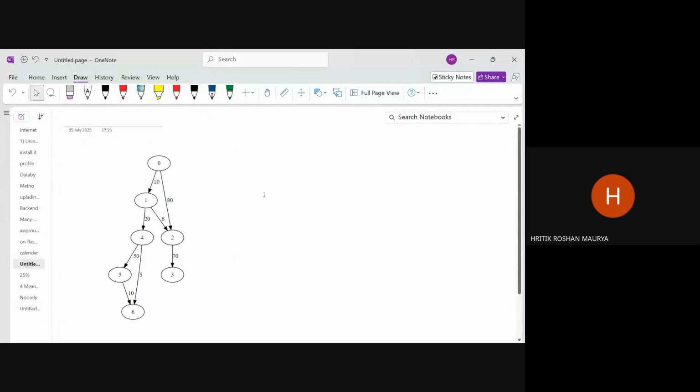Dijkstra algorithm finds the shortest path from one point to any other point. So what does it do?